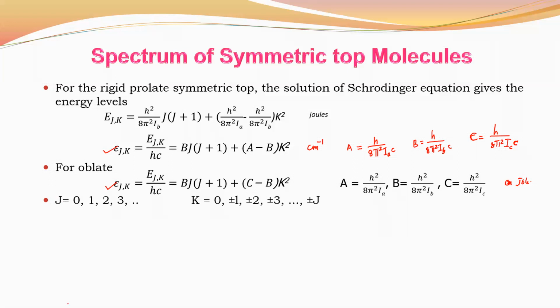The value of J is 0, 1, 2, 3, etc., and the value of K is equal to 0, plus or minus 1, plus or minus 2, plus or minus 3, etc., up to plus or minus J.